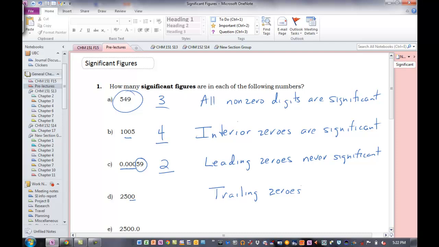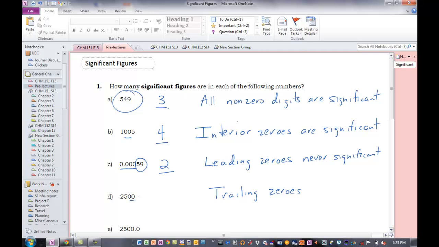If there's an implied decimal point, we kind of know there should be a decimal point after this zero here, but there's not. We really don't know if they're significant or not. That's where I said it's ambiguous.